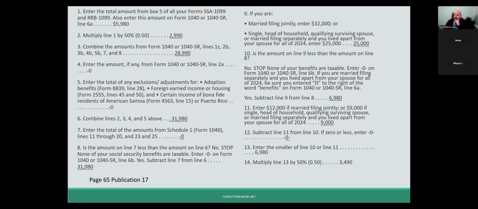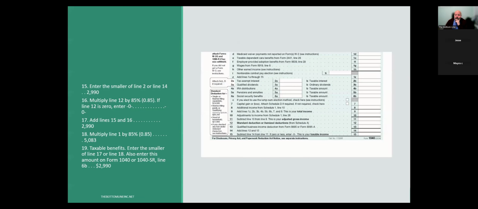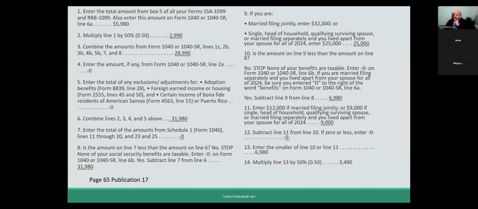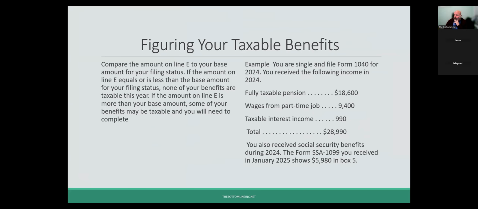Yes. Okay. So there's no other income. But that doesn't make sense. But sorry. So if you're married filing jointly, it's 32,000. What did we say this guy was? Single, right?